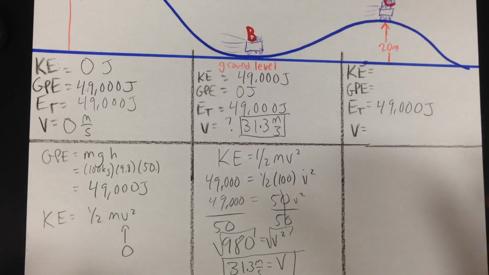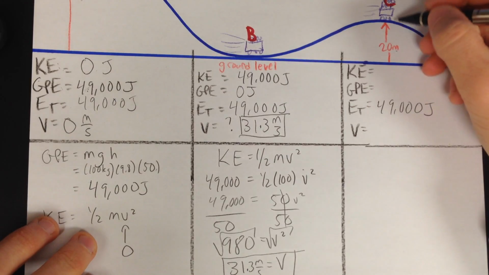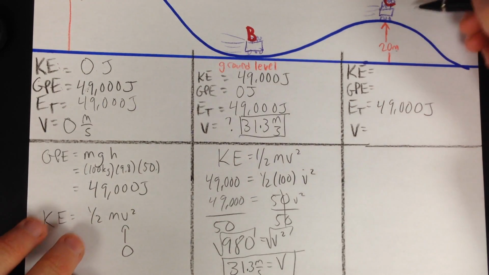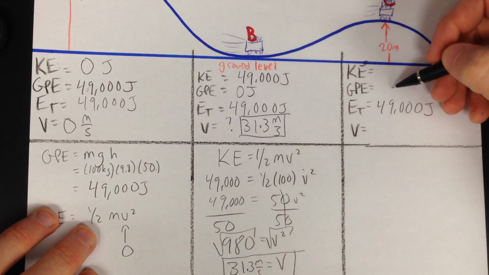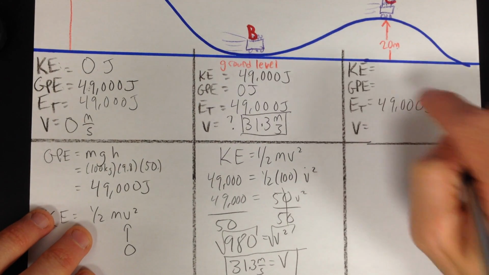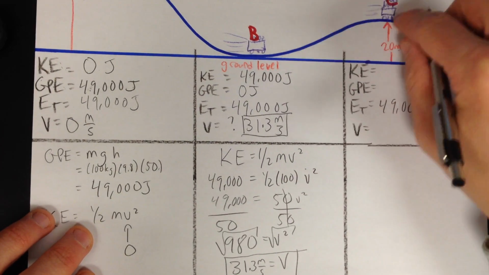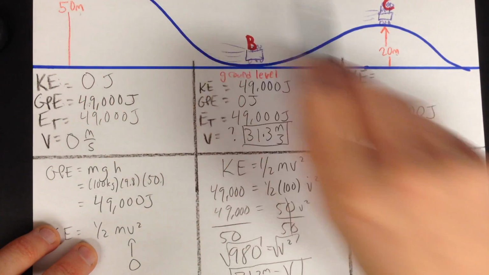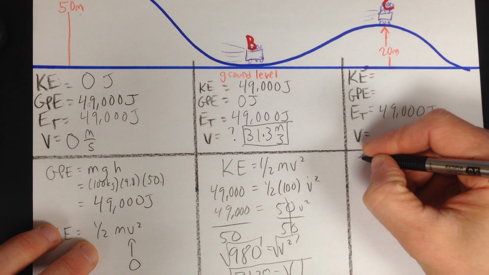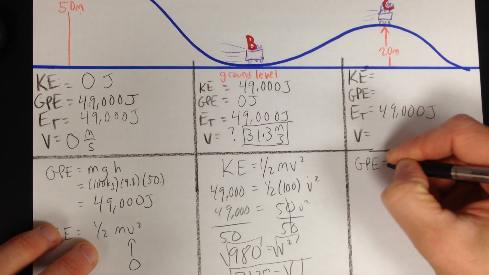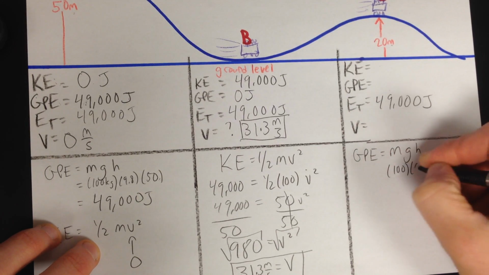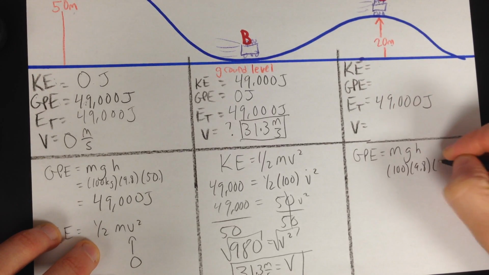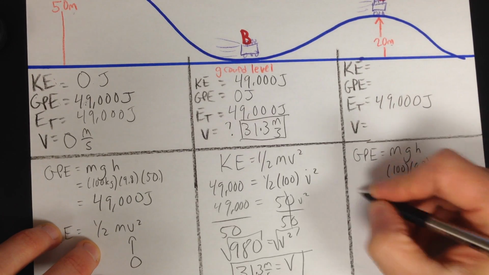Now, at letter C, you're not at ground level. So you're moving, so you have some kinetic, but you also have height, so you have some gravitational. If you have that case where you're in between your highest point and ground level, just calculate GPE first. 100 times 9.8, and your height here is 20 meters.